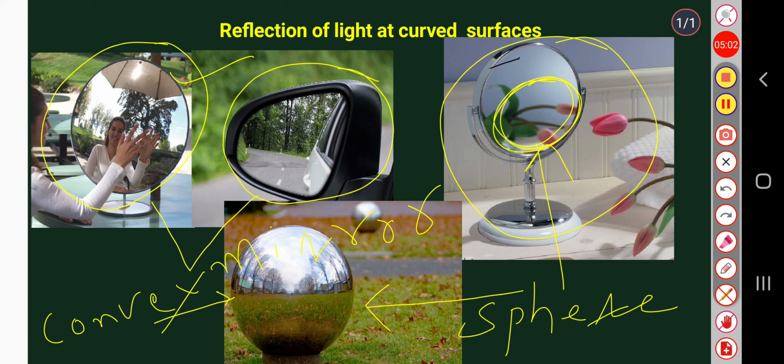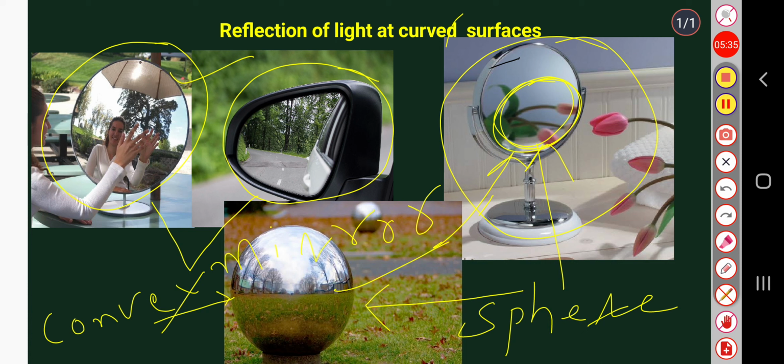If you observe the walls of the sphere, the walls are nothing but concave mirrors. This mirror you can see from outside. So my intention is, either convex mirror or concave mirror, they are parts of a sphere. If you cut a sphere, it may become a convex surface or a concave surface. Depending upon its coating, it acts as a convex mirror or concave mirror.